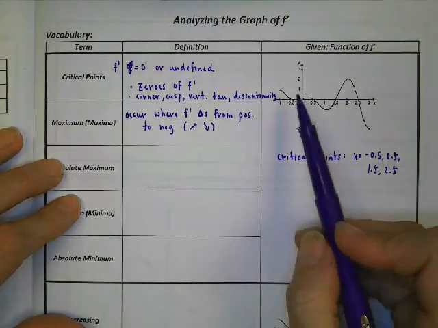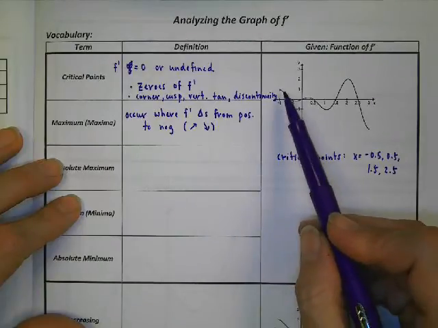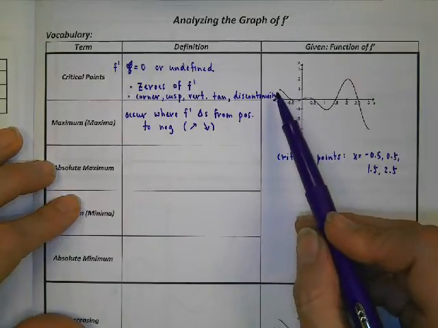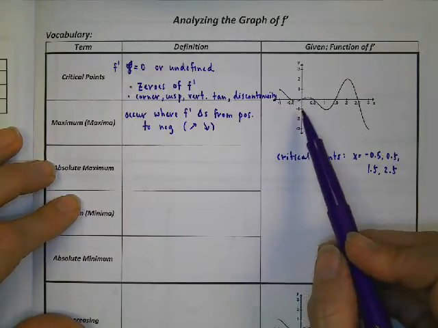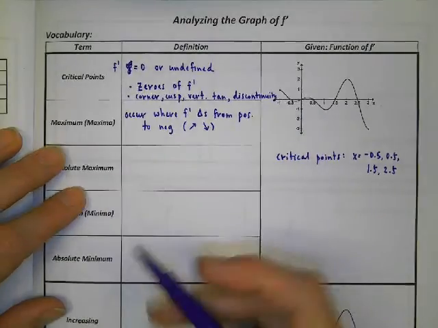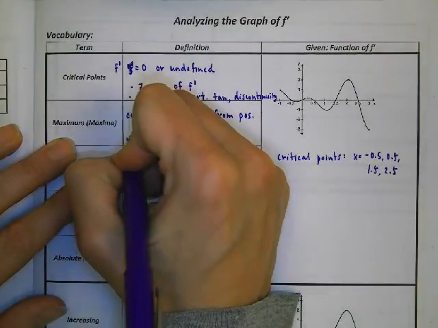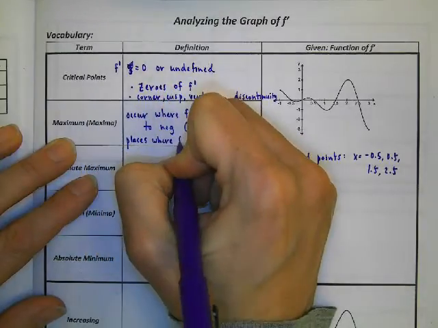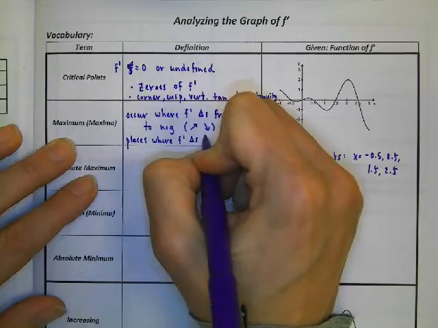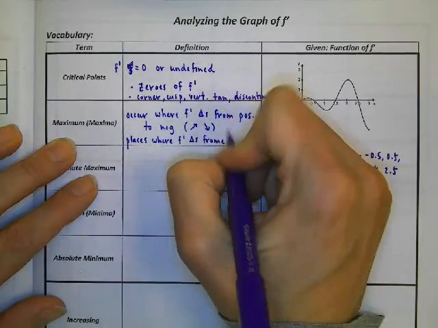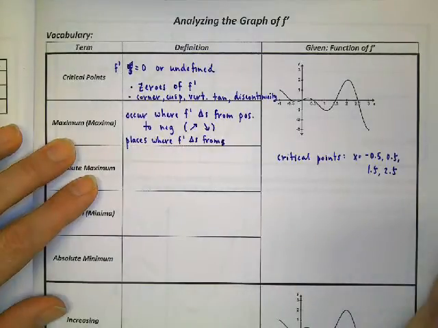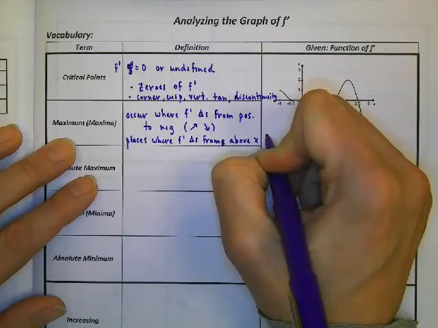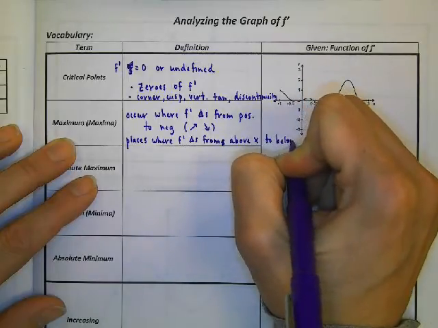So now if I'm looking for f prime and I want to know where it changes from positive, well, f prime is going to be positive when it's above the x-axis and negative when it's below. So what I'm really looking for here is places where f prime changes from above x to below x.